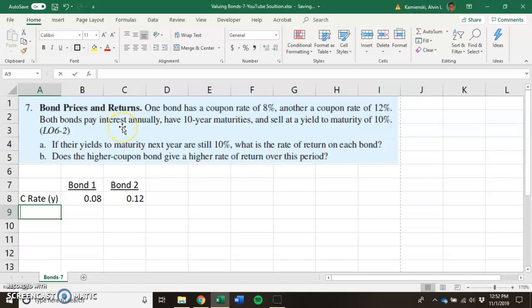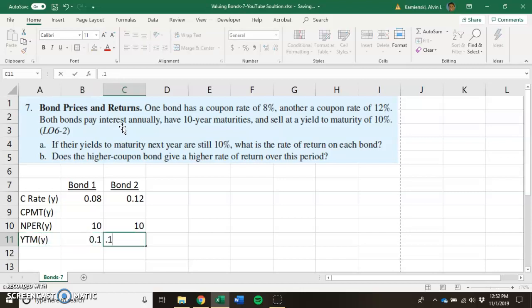Both bonds pay interest annually, so that we know that coupon payments will come on a yearly basis. The number of periods for each, stated in years, is 10, and they sell right now at a yield to maturity in the market that is applicable to them at 10%.